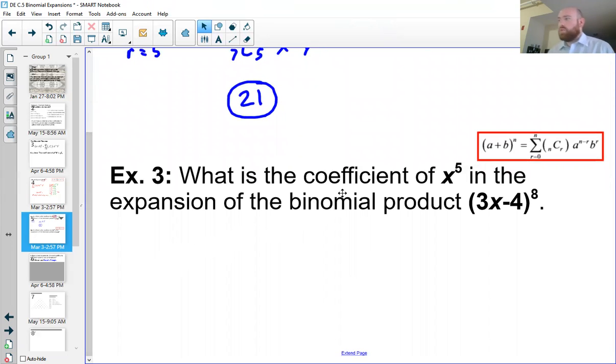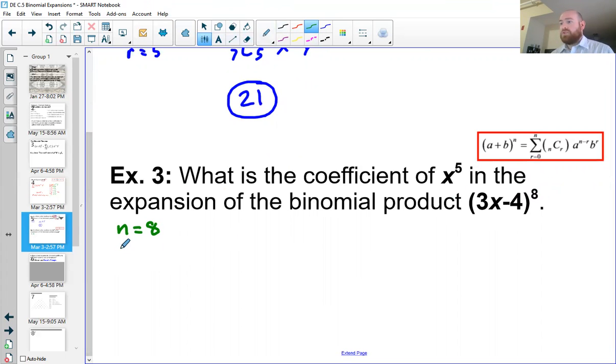Likewise, if we wanted to find the coefficient of x to the 5th in the expansion of the binomial product 3x minus 4 to the power of 8, we can do this. So let's start by saying we know n is equal to 8.